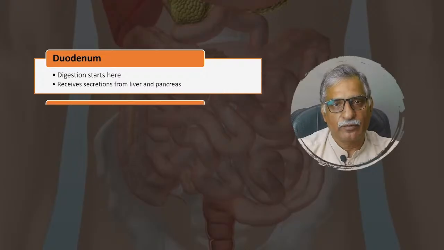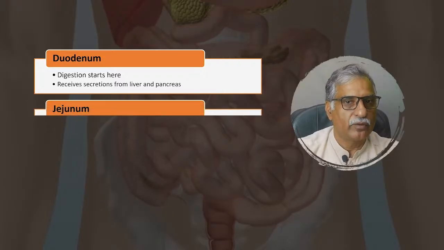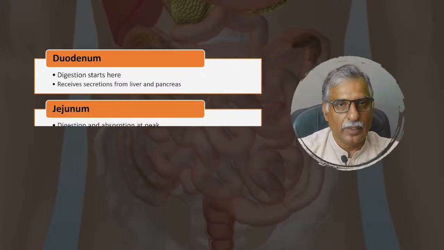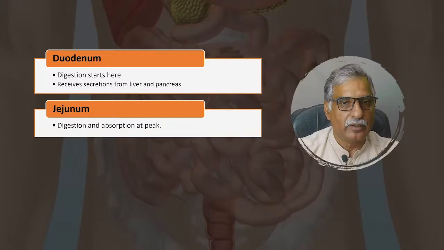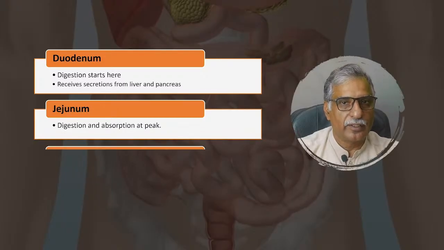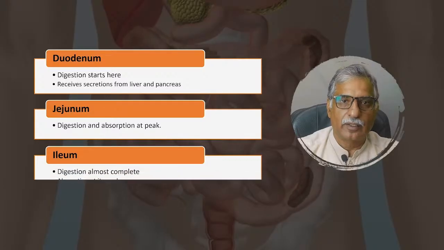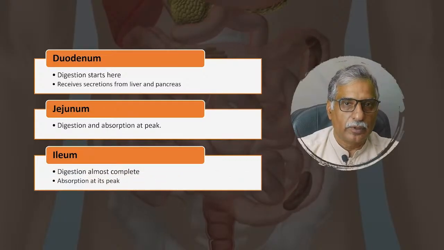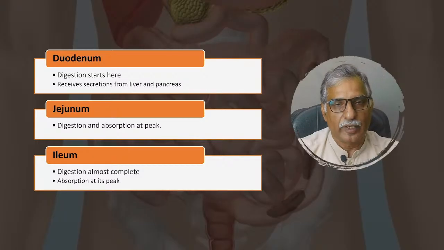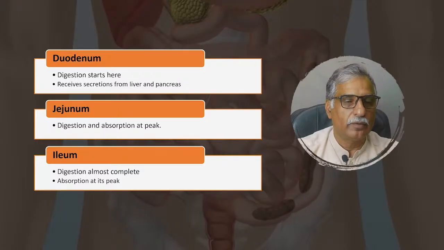Duodenum is the first few inches of the small intestine where digestion process starts, and that reaches its peak in the jejunum part where digestion and absorption reach the peak. In the last part, absorption of the digested substances along with some minerals, some water and some vitamins, particularly vitamin B12, are absorbed into the bloodstream.